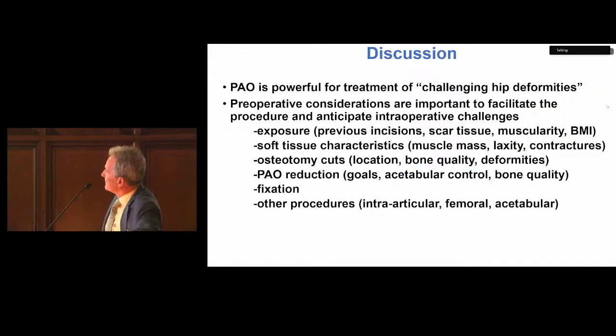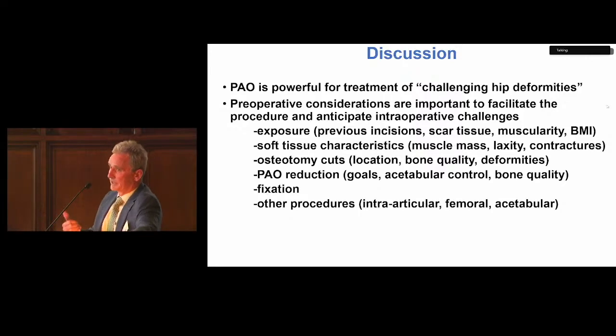Okay, so powerful treatment for challenging hip deformities. You've seen a lot of this with the different talks today, and a lot of good tips, I think, a lot of similarities in terms of how we do things and what we are concerned about when we're going into a more challenging case. So as you think through the case, think about your exposure, think about the soft tissue characteristics of the patient that may impact your procedure, think about your osteotomy cuts, what may be challenging, what may be different.